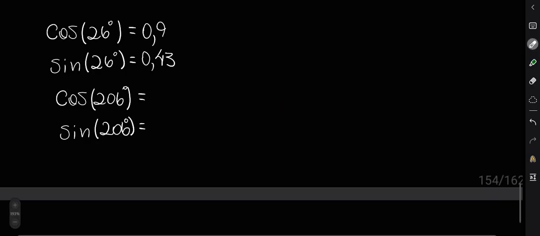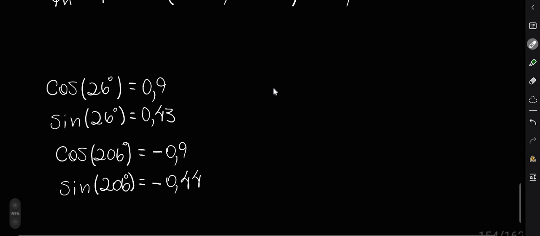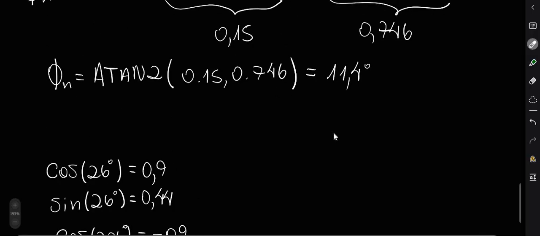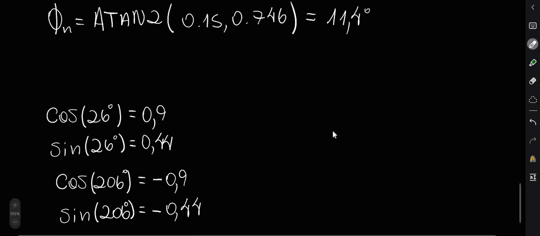And cosine of 206 is minus 0.9, and sine of 206 is minus 0.44. Right here, I think it's best I use 0.43. Let's see, I should do an approximation to 0.4. Okay, we can correct this after. Let's see what we get right here.